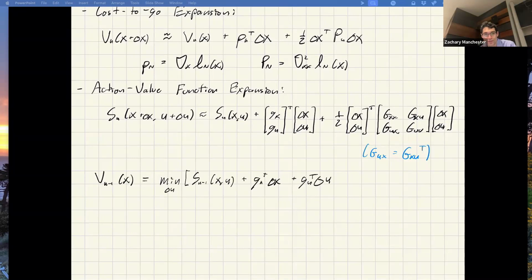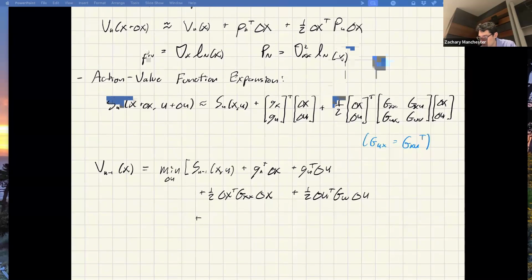I'm going to write this on multiple lines. We've got the G_XX term, the G_UU term, and then the mixed terms: delta x transpose G_XU delta u, and delta u transpose G_UX delta x. So that's the whole thing.